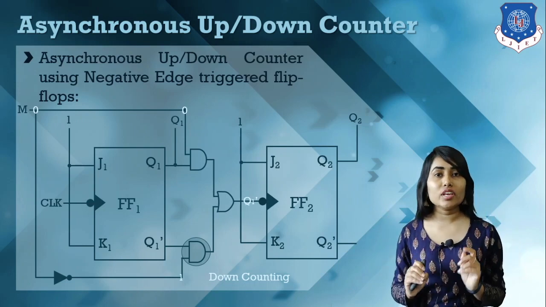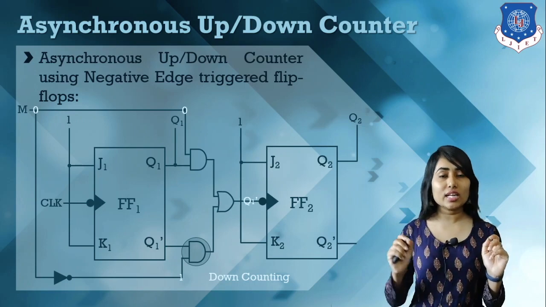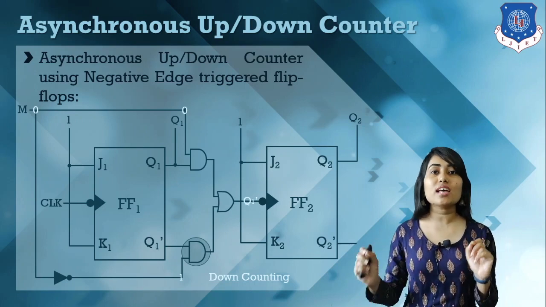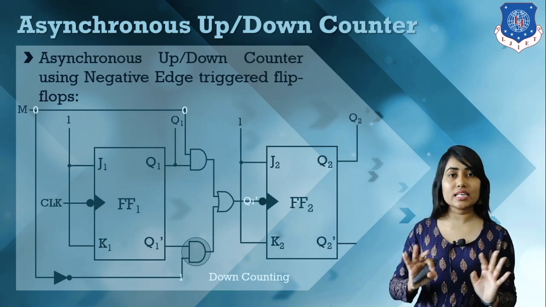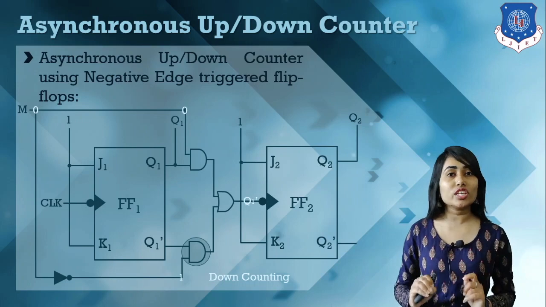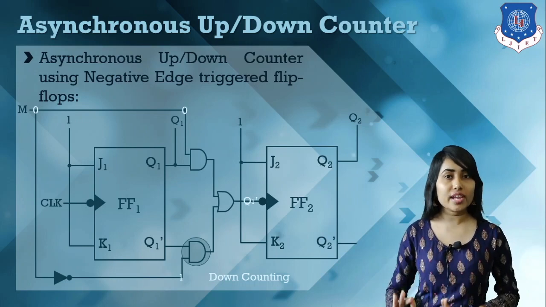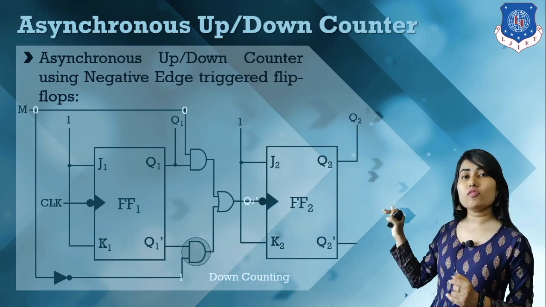Whenever we have a negative edge trigger flip-flop and we connect Q1 dash, it will count in the downward direction. That means it works as a down counter. Basically, in an asynchronous down counter using negative edge trigger flip-flops, we just connect Q1 dash as the clock for the second flip-flop.